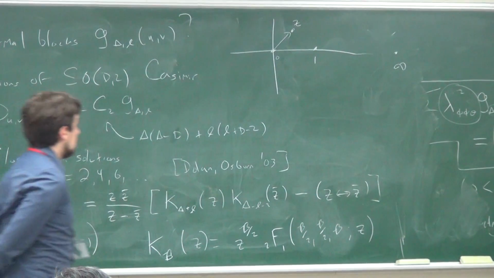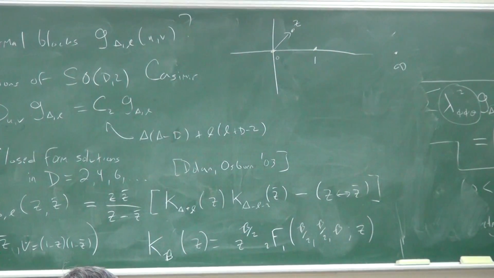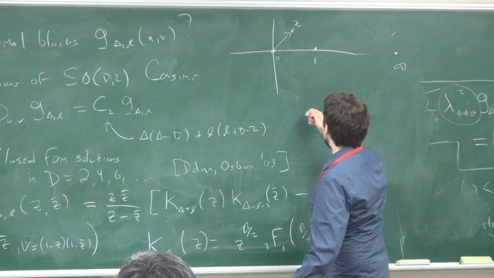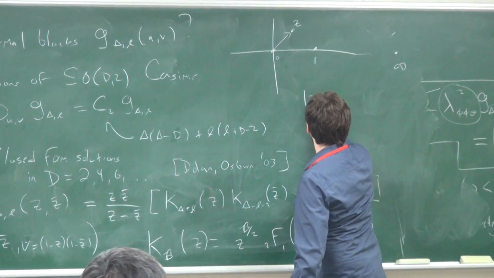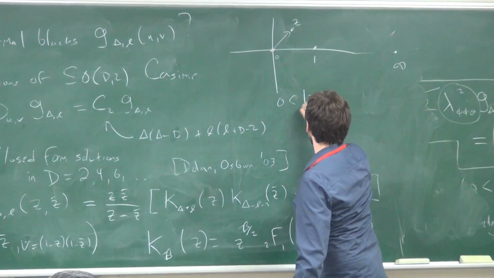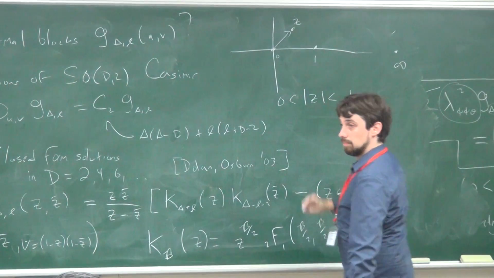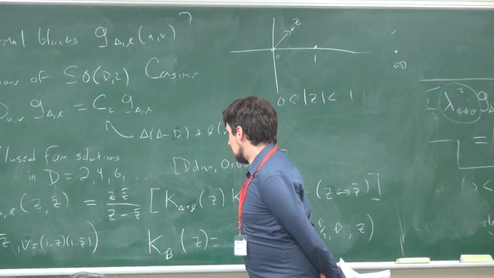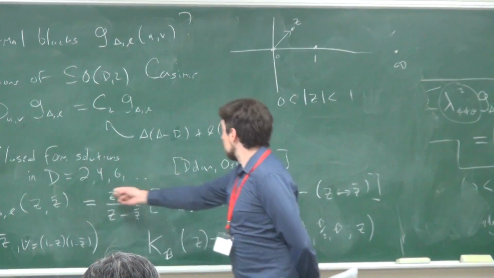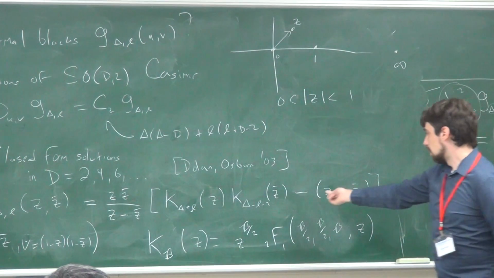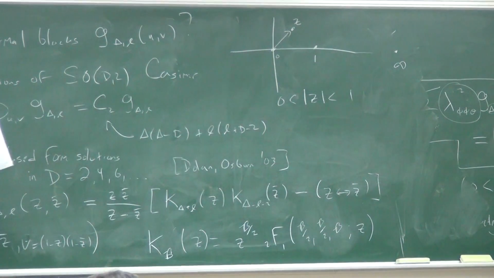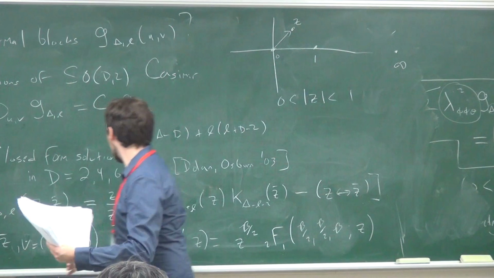So the region where both of these expansions converge is where the value of z is between 0 and 1. Actually, the conformal blocks themselves are nice, smooth, analytic functions outside of this.